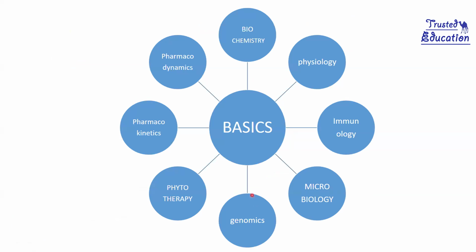Okay, let's now talk briefly about the parts of the exam. We will start with the basic sciences. At first, we have biochemistry, which includes knowledge of polysaccharides, carbohydrates, fats, and the Krebs cycle.